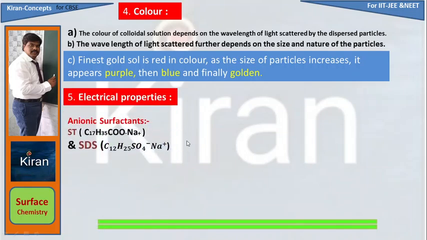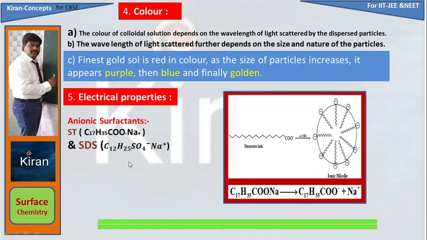Electrical property. We know that all colloidal particles exhibit either positive charge or negative charge. Negatively charged colloidal particles we can term anionic surfactants, and positively charged colloidal particles we can call cationic surfactants. Because of the presence of positive and negative ions, definitely they conduct electricity.